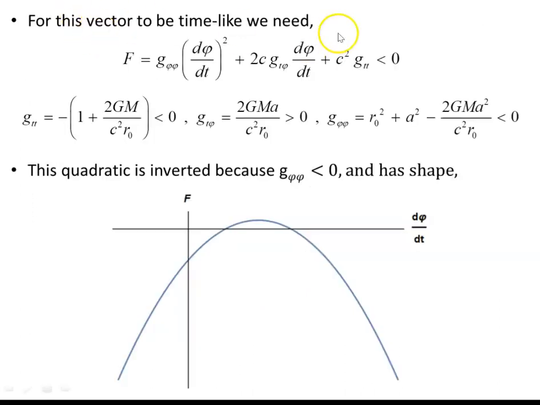Okay, so we'll give this object a name, we'll call it f. So when I plot f, I'm talking about this quadratic expression here, and we want to know where this is less than 0. Now bear in mind gtt is this object here, which is less than 0 for all values within the ring singularity, R0 here. Remember, it's minus R0, so the minus that was here becomes positive, and this whole thing is negative.